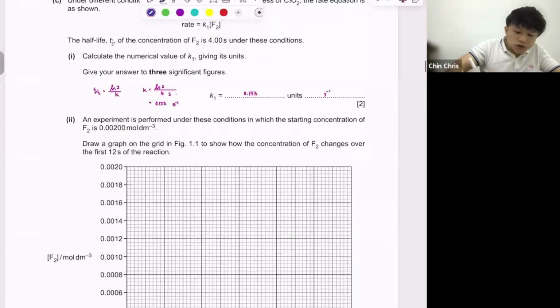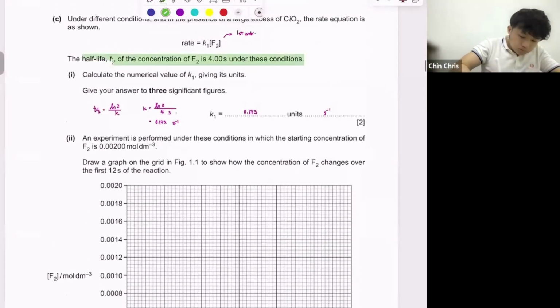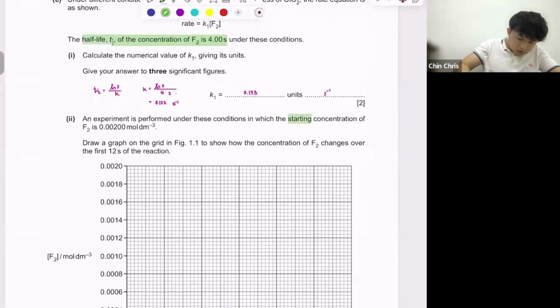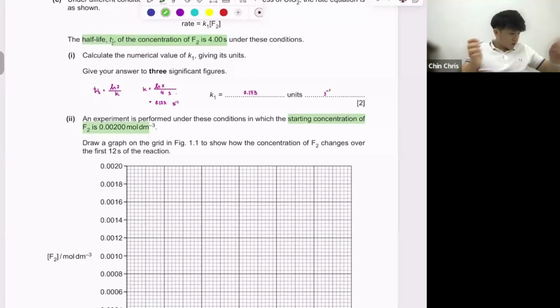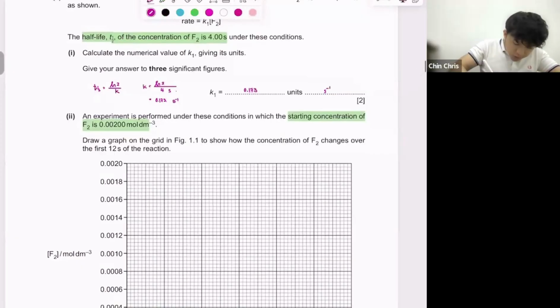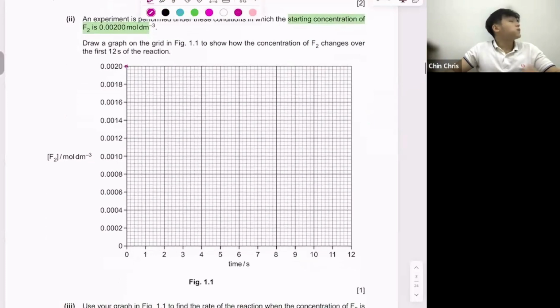Let me highlight all the keywords needed. Half-life is 4 seconds, first thing. Starting concentration 0.02. That's it. This is so physics. Starting at 0.02, draw across. That's it, guys.